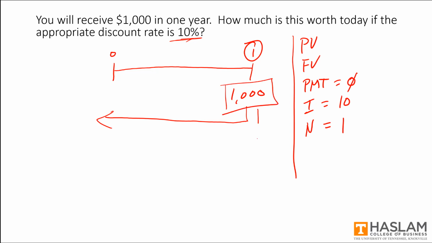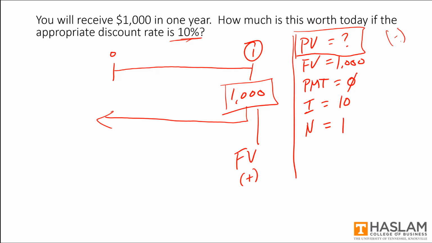Where does the 1,000 go? Well, that's a time 1 cash flow or a time n cash flow, so that's the FV. What about PV? That's the 5th key. That's what we're finding. Now, what is the sign of PV going to be? The answer is, if we enter FV as positive, PV is going to come out as negative.